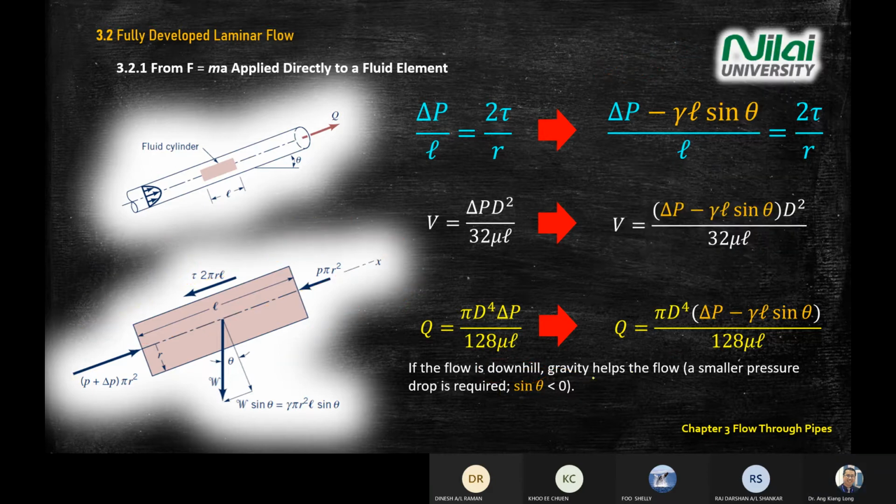So take some time to digest these slides. What is important again is to look at the changes of pressure. What happens if you are slanted like this? This is an uphill scenario. However, when you have a downhill, the value of sine theta will be negative, meaning this one will be negative, negative, negative.